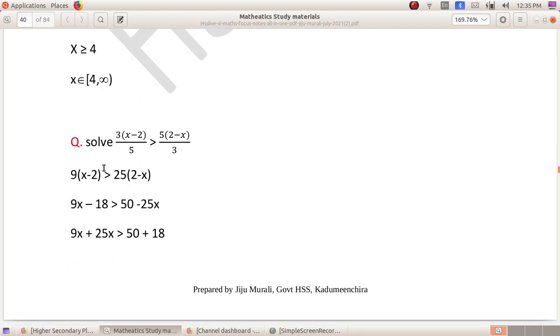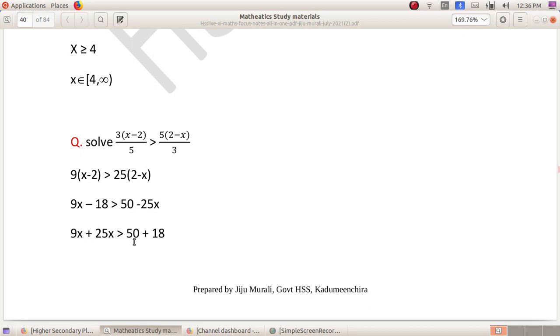Next one, solve 3 into x minus 2 by 5 greater than 5 into 2 minus x by 3. In the same way, we do cross multiplication. 3 into 3, 9. 9 into x minus 2 greater than 25 into 2 minus x. Cross multiplication gives 9x minus 18 greater than 50 minus 25x. That's 9x plus 25x greater than 50 plus 18.